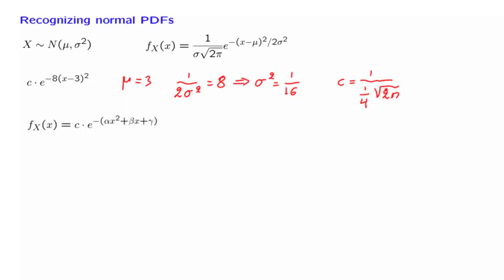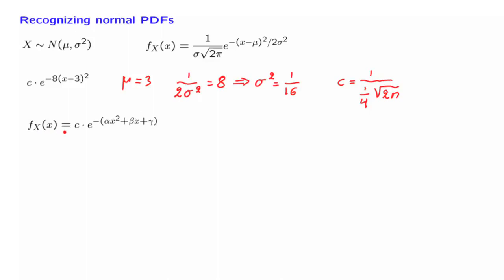Now suppose that somebody gives you a PDF of this form. It's a constant times the negative exponential of a quadratic function in x. We will argue that this PDF is also a normal PDF and identify the parameters of that normal. First, let's start with a certain observation.